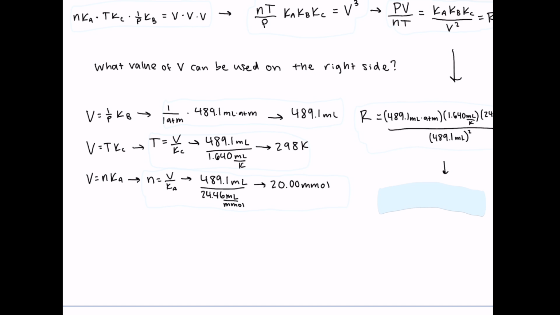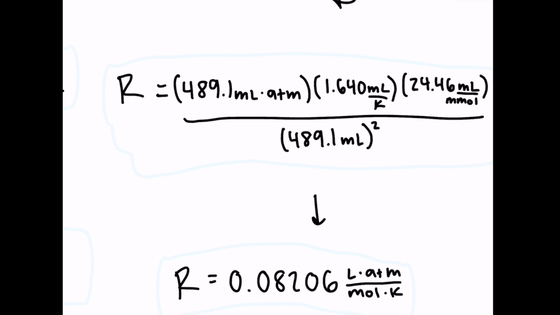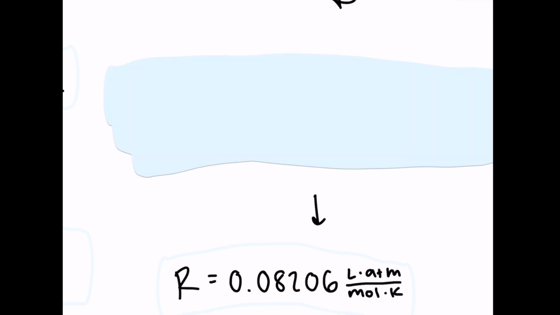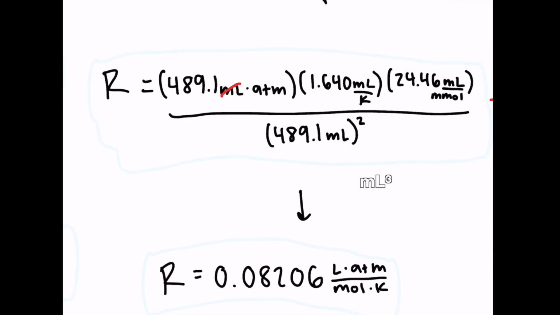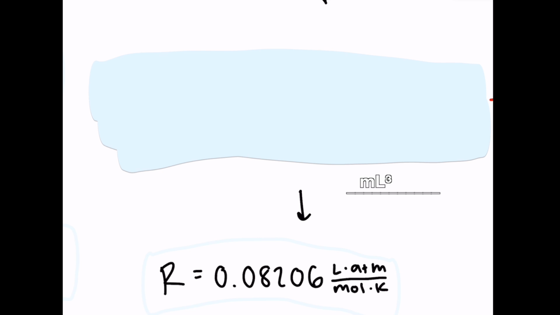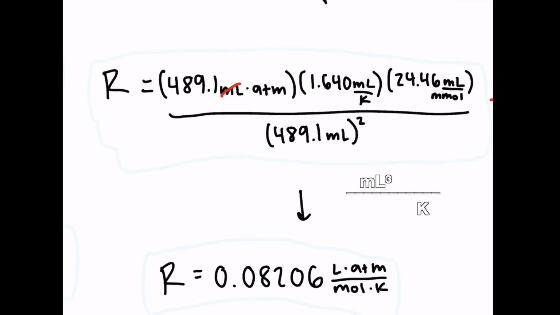So plugging those numbers in, just right there, we can cancel these out such that this right here will turn into milliliters cubed, and then over millimole Kelvin, and also that atm right there. So milliliter atm, and then we can cancel that milli.